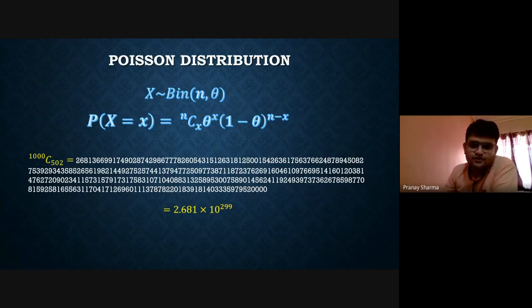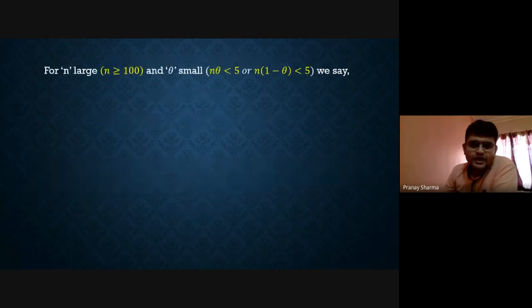One of the distributions is Poisson distribution. So we say that for n large, now for our course we assume n large as 100 or more, but in actuality 100 is not a very large value. And we say for theta small, how do we determine theta will be small? It is a relative term.